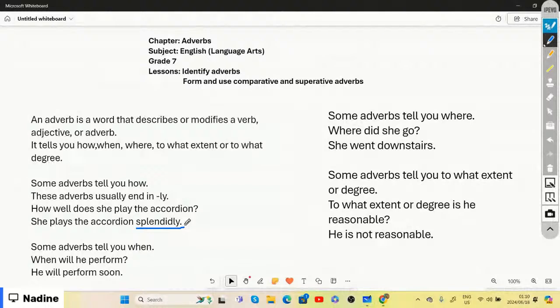Some adverbs also tell you when, right? Some adverbs tell you how, and they usually end in ly. And splendidly tells us how well she plays the accordion.